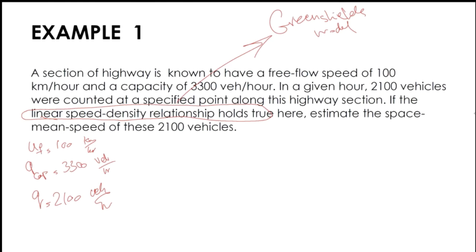So we have UF and Q cap. We have the capacity and we have the free flow speed. The question is asking us when flow is equal to 2,100 vehicle per hour, what would be the speed?